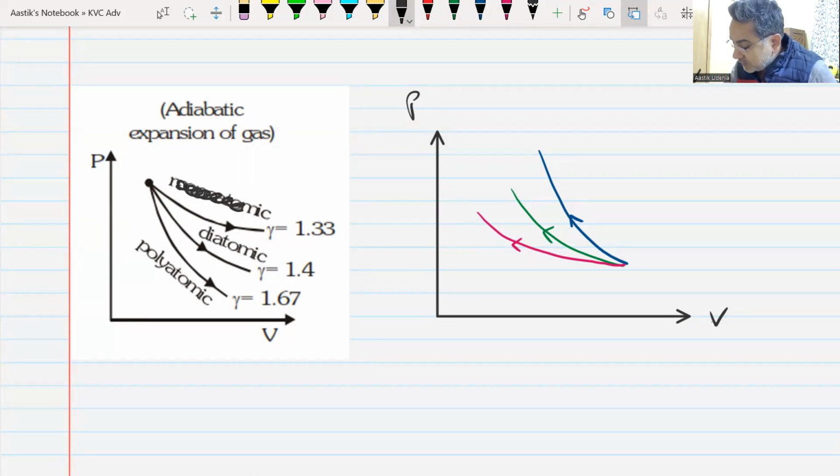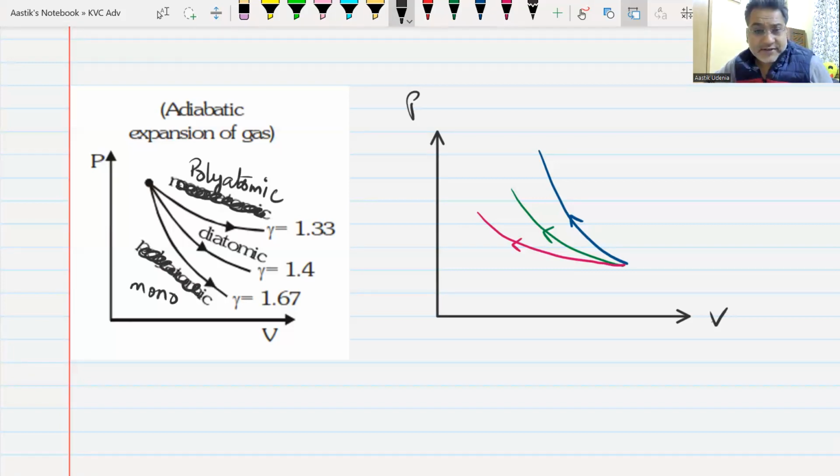The gamma for polyatomic gas is 1.3. Yes or no? 4 by 3. Do we understand this? Yes, sir.